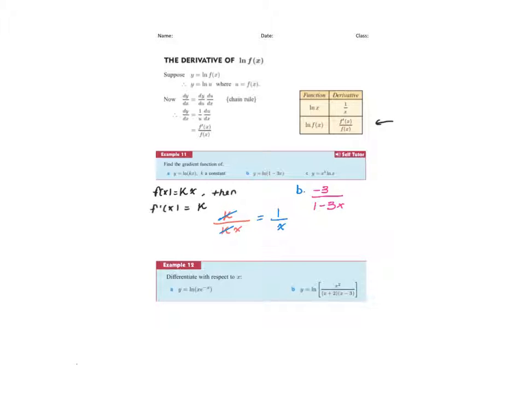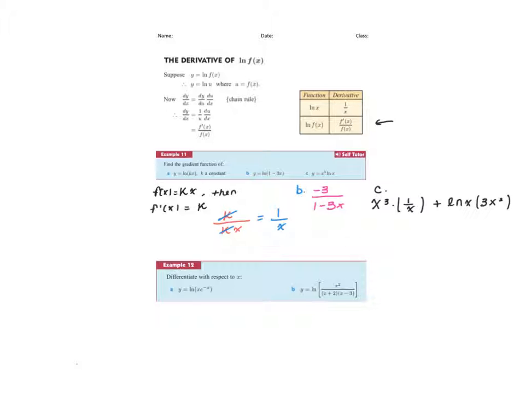So C, you're multiplying, so what rule do you have to use? Product rule, yep. So let's use our product rule here. First times the derivative of the second plus second times the derivative of the first, 3x squared. Okay.